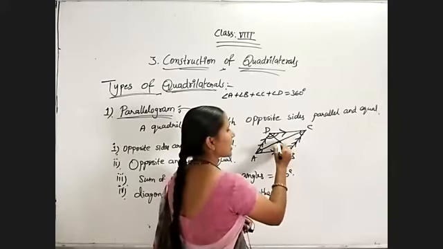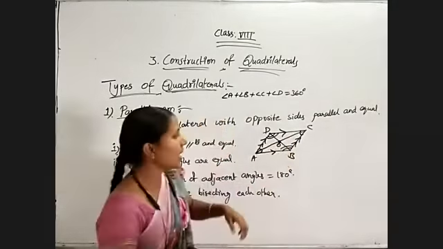They are bisecting at O. Bisection is nothing but they are meeting together in such a way that wherever they meet, they are divided into equal parts. Means AC is divided equally into AO and OC. BD is also divided equally, that is OD is equal to OB. So diagonals are bisecting each other.